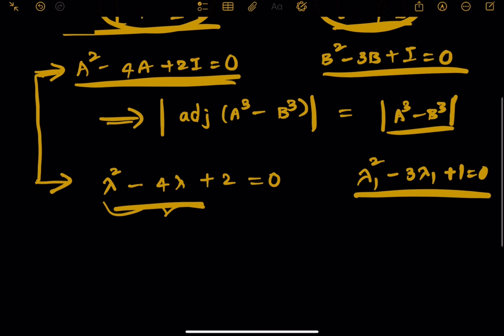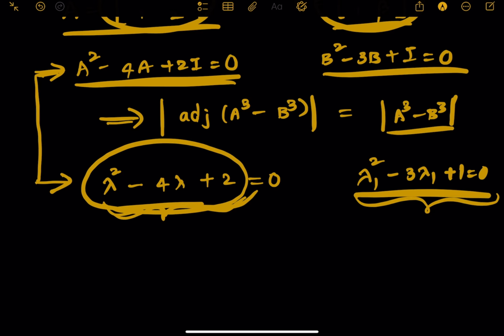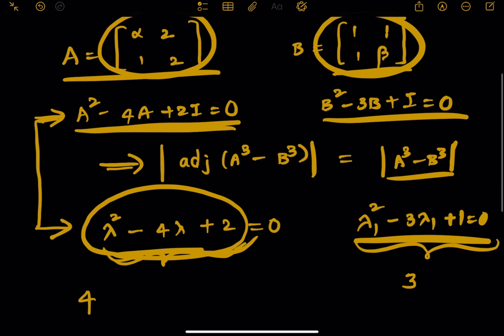And similarly, let's say lambda 1 is an eigenvalue of the second matrix, then this is the equation that satisfies its eigenvalues. Now A matrix will have 2 eigenvalues and B matrix will have 2 eigenvalues. From this quadratic equation, we can write the sum of eigenvalues as 4. And from this quadratic equation, we can write the sum of eigenvalues of matrix B as 3. But what is the sum of eigenvalues?